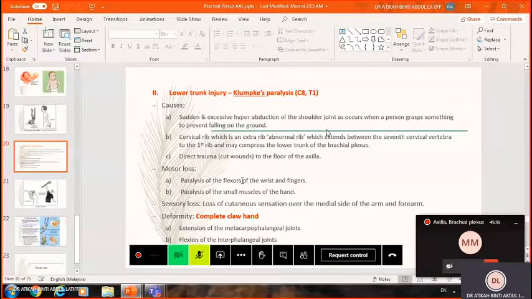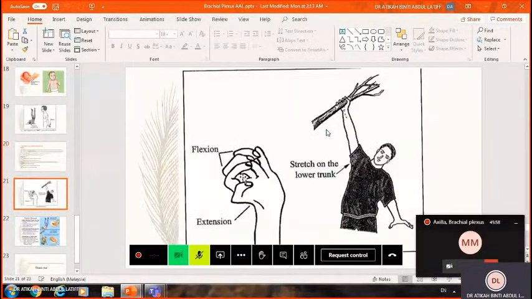Also there is sensory loss over the medial side of the arm and forearm, and the deformity due to this motor loss is called the complete claw hand deformity. So what is the complete claw hand deformity? Extension of the metacarpophalangeal joints and flexion of the interphalangeal joints, which will look like a clawed hand.